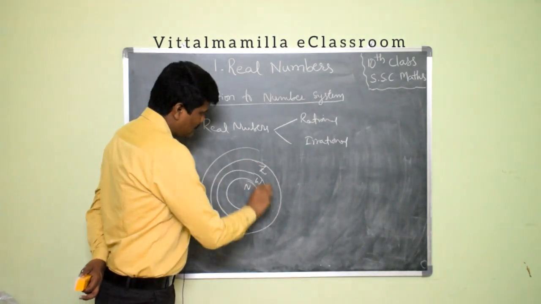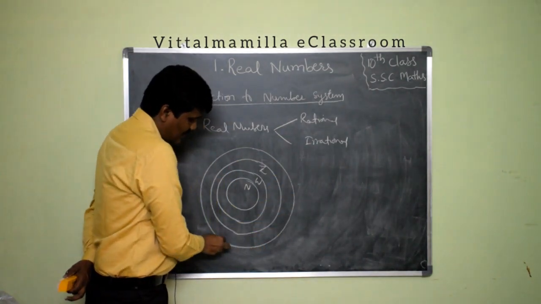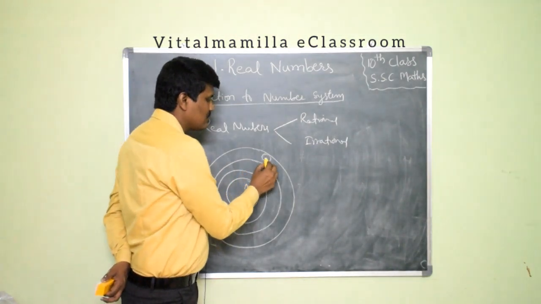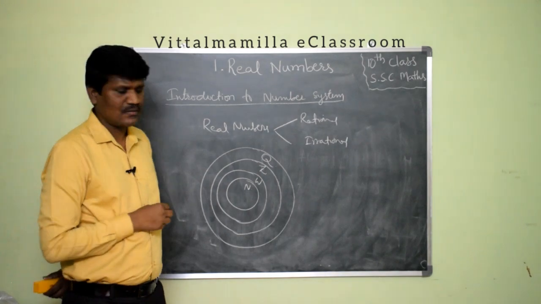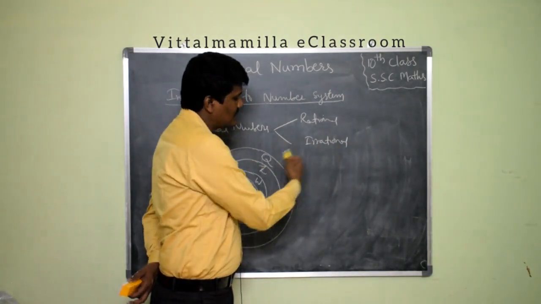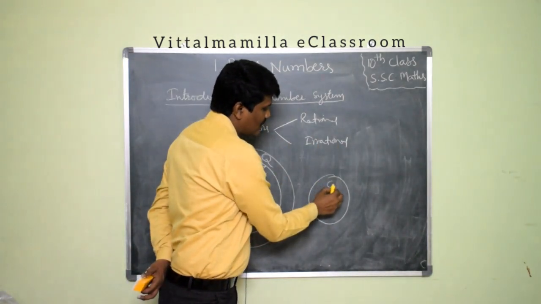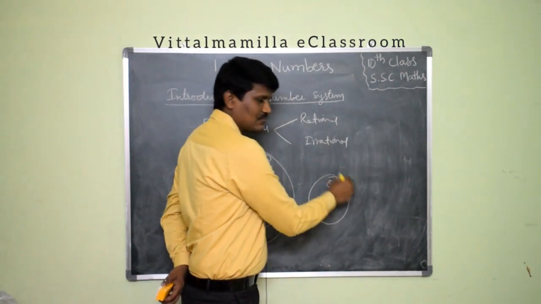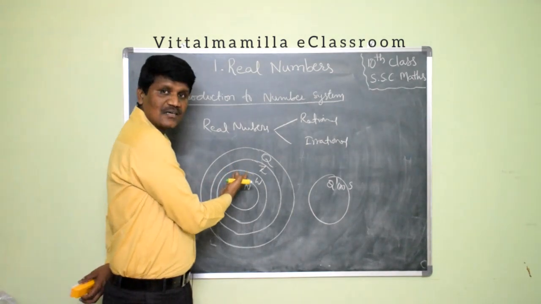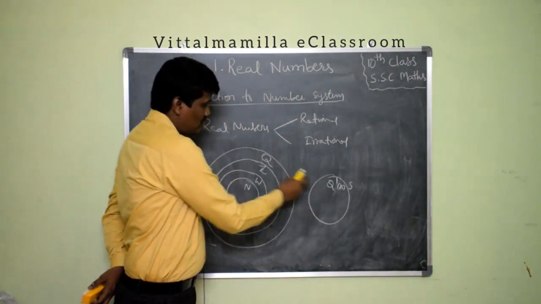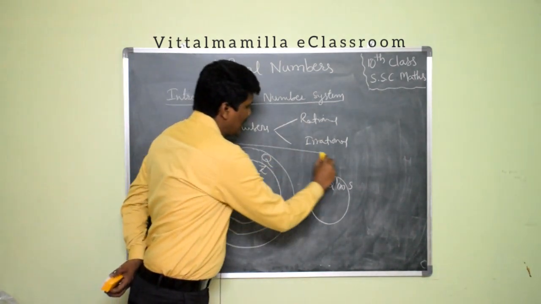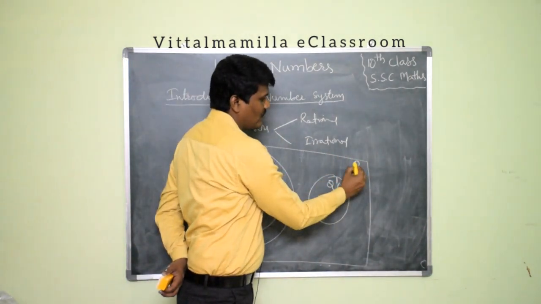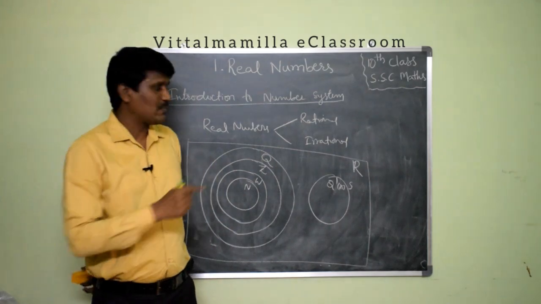Next, if we add p by q, decimals and fractions, it becomes rational numbers. Next, other than q will be your q dash, the irrational numbers. So this is total rational numbers and this is irrational numbers. So in total this will be your real numbers. We denote real numbers by capital R.